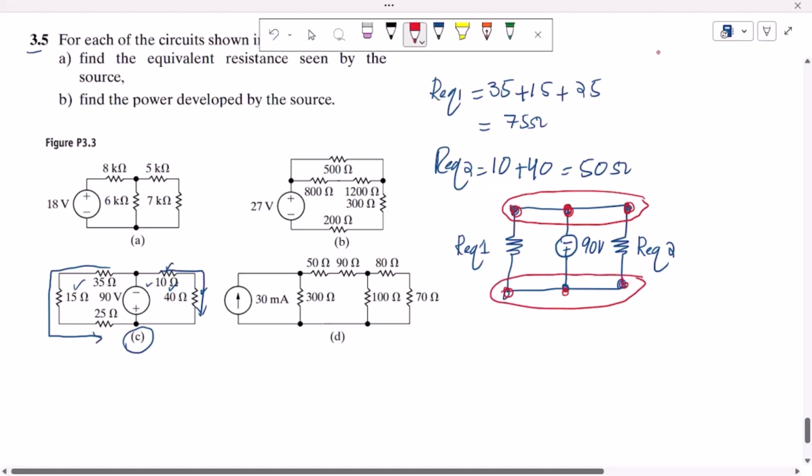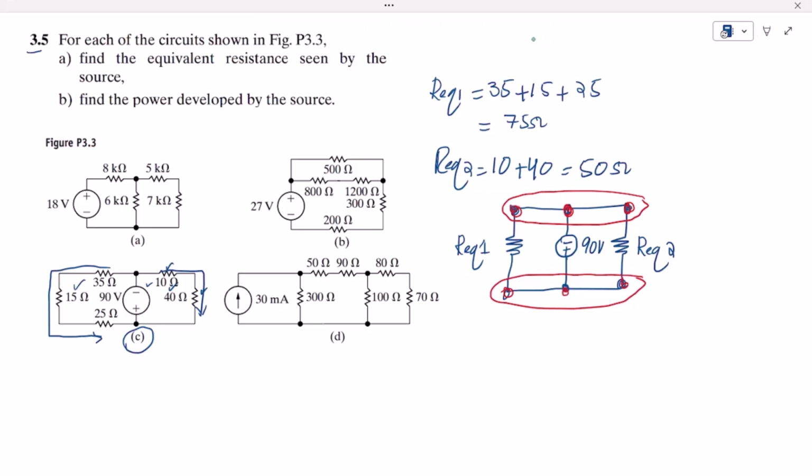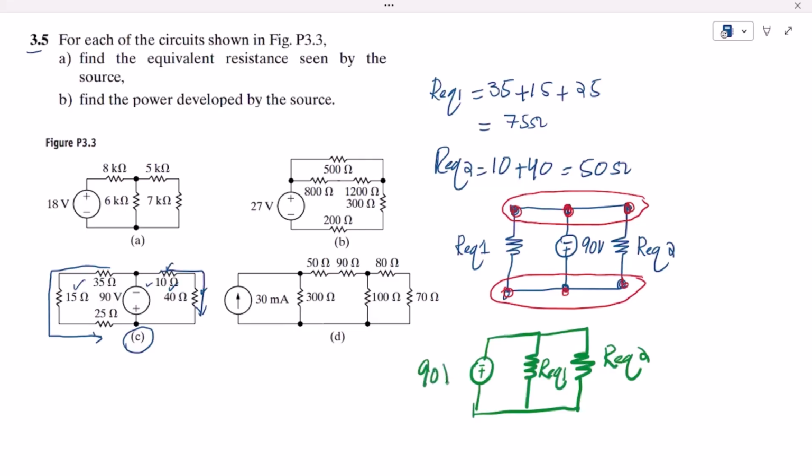Therefore I can also draw them like this: this is the source, and the resistors connected with it are this and this. This is the R equivalent 2, this is the R equivalent 1, and this is the source, 90 volts.